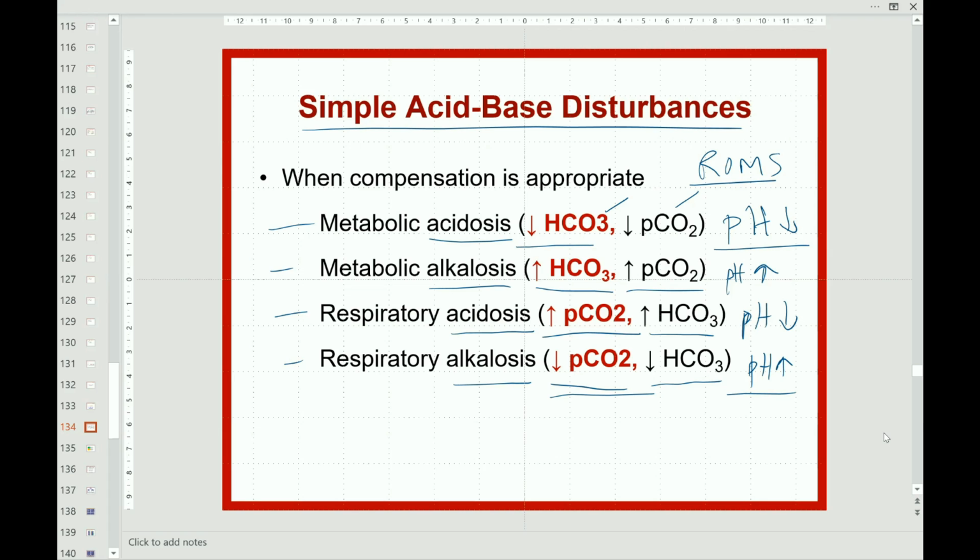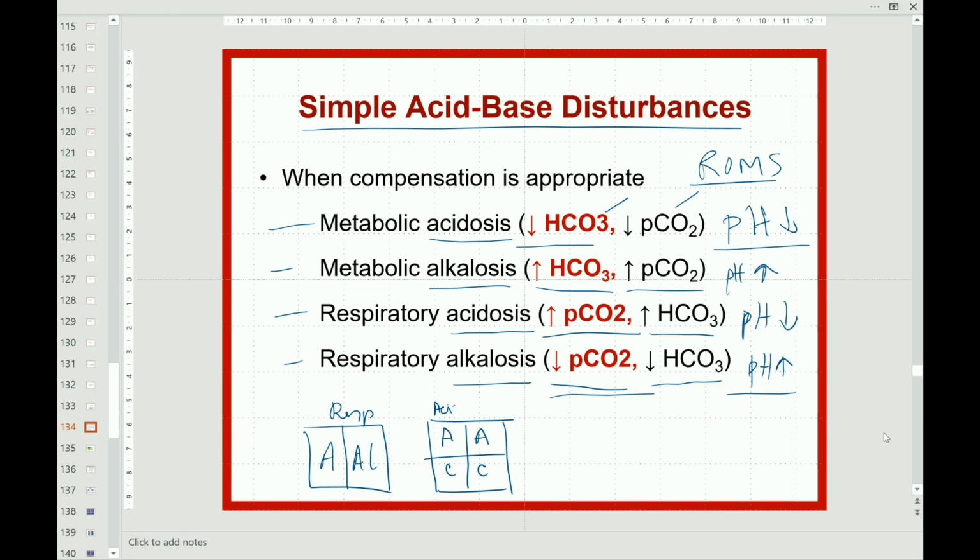So we have got two diseases under respiratory. This is the acidosis, this is alkalosis. But we also know that we have acute and chronic: acute respiratory acidosis, chronic respiratory acidosis, acute respiratory alkalosis, chronic respiratory alkalosis.